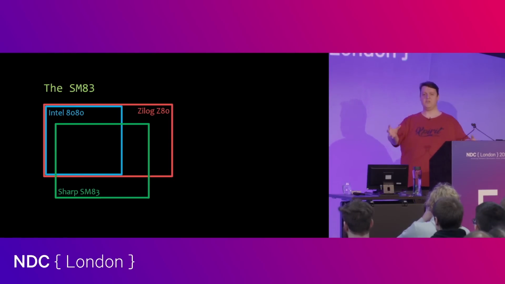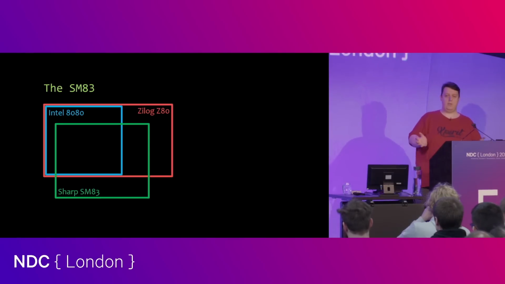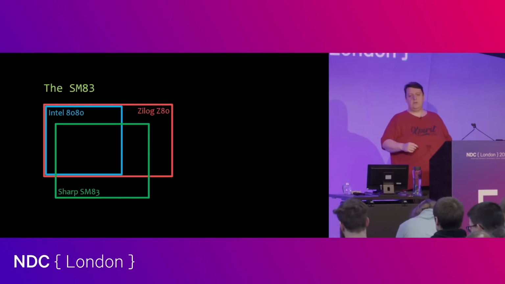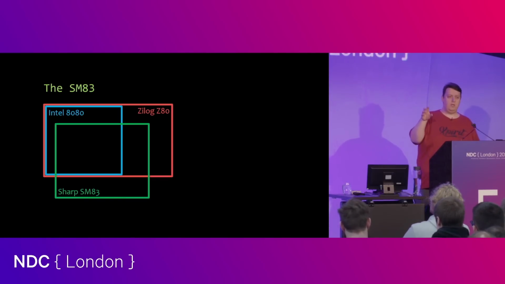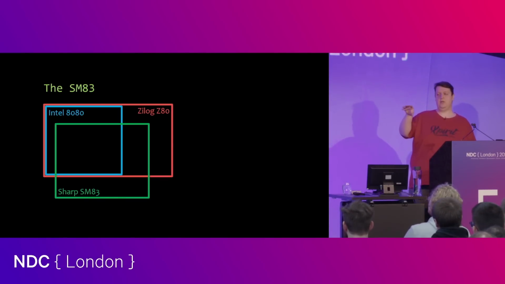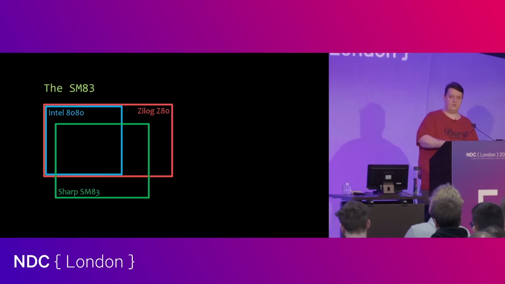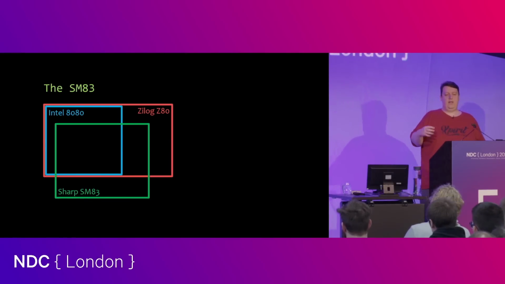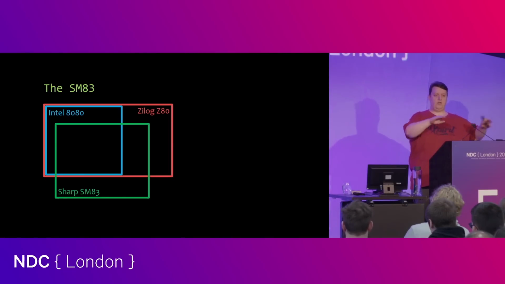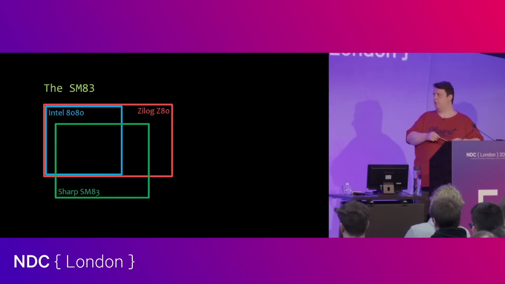It doesn't have the double set of registers to keep the costs down. But Nintendo and Sharp said, there are some really, really good instructions available in the Z80 that the Intel 8080 just doesn't have. So let's borrow these instructions as well. And then they added some extra instructions that don't exist in the original CPUs, mostly for looping inside high memory.